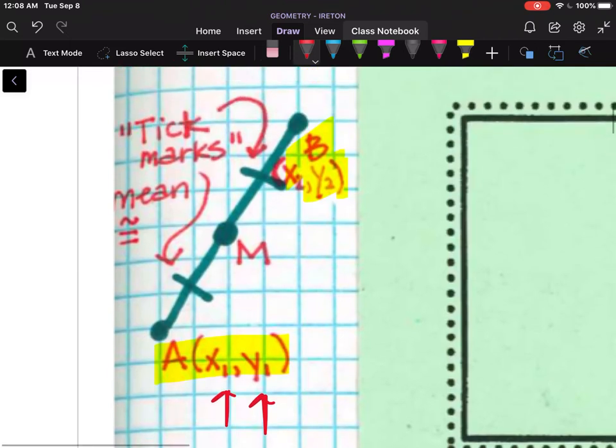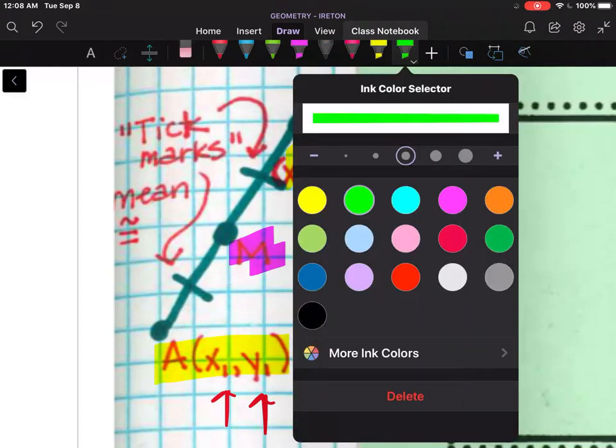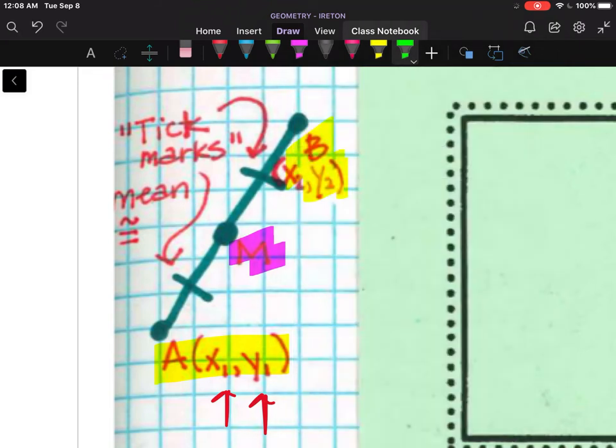For our purposes today, M is going to be representing the midpoint, and we're going to define that here in a second. We call these guys here tick marks, so this here and here is called a tick mark.